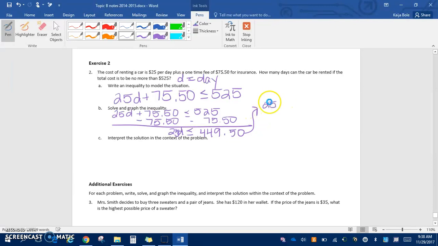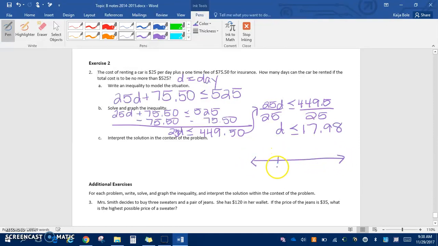So I have 25D is less than or equal to 449.5. So I'm going to divide by 25 on both sides. And when I do that, you can do that in your calculator, you get D is less than or equal to 17.98.